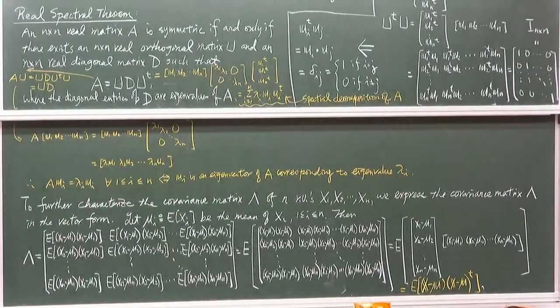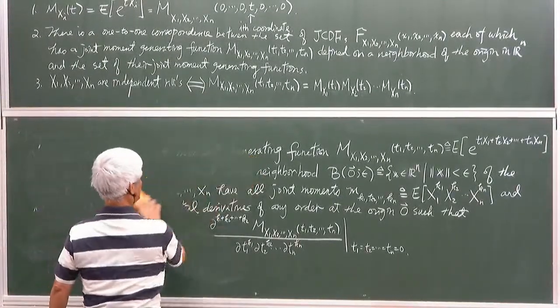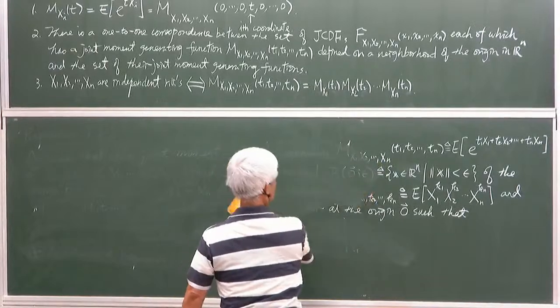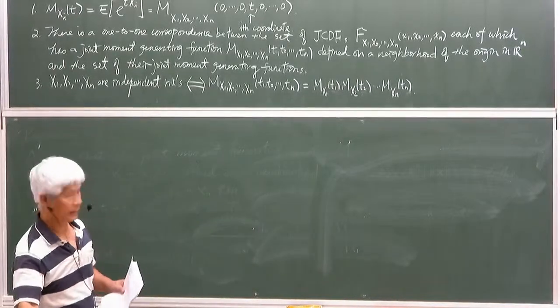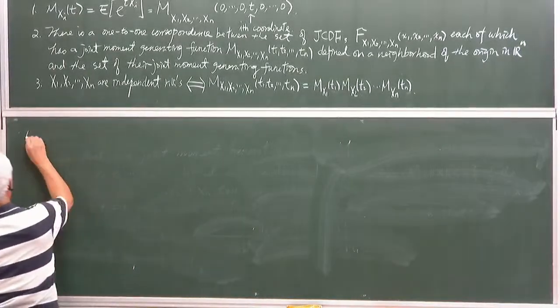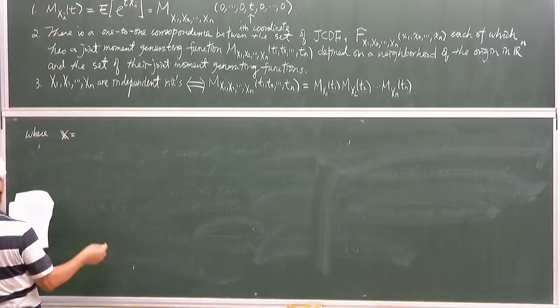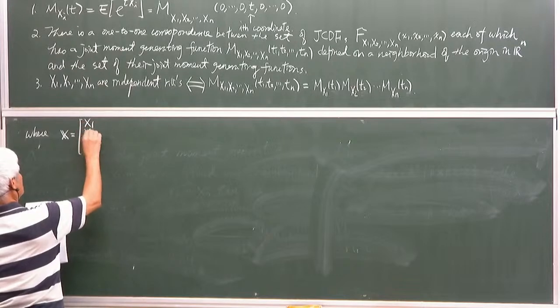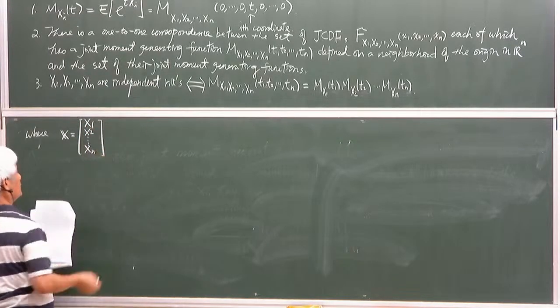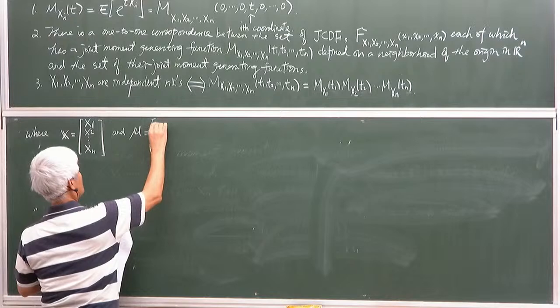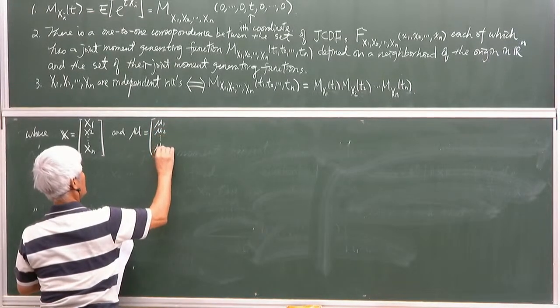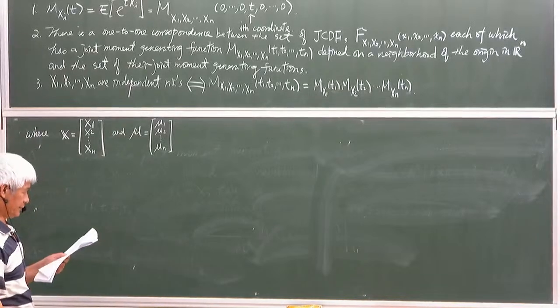Here x is the random vector, obtained by collecting the n random variables together as a column vector, and mu is the mean vector, collecting all the means of the n random variables.